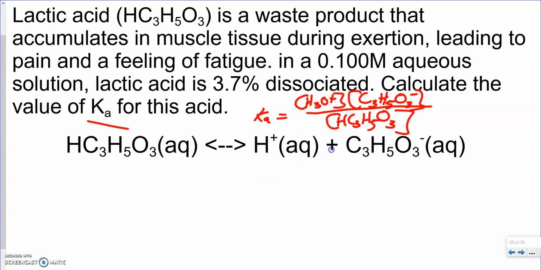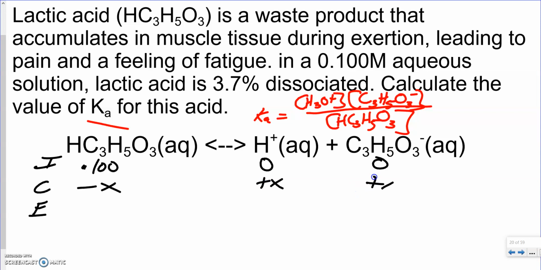Well, how do we do that? We set up an ICE table, no different than what we've done in the past. So I, C, E: initial is 0.100 of this species, 0 and 0; change is minus X, plus X, plus X; equilibrium is 0.100 minus X, X, and X.